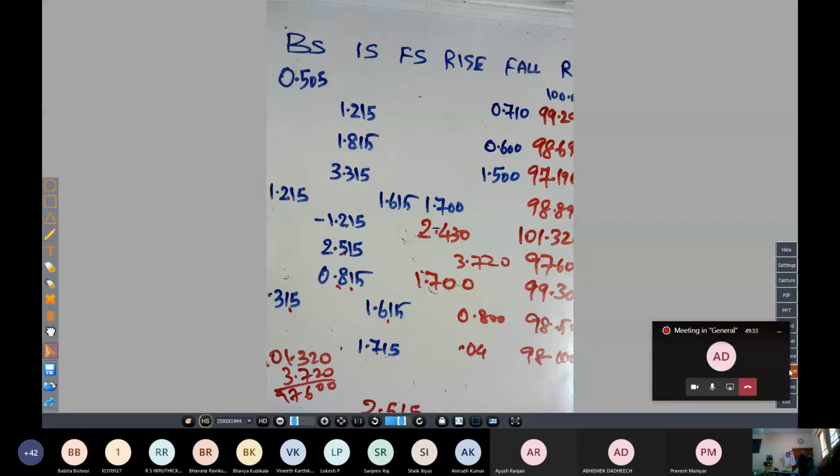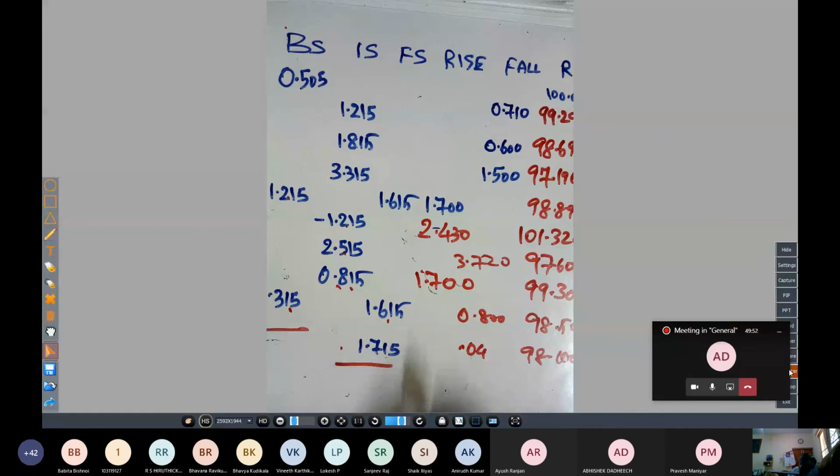What is the first problem? How much is the last RL? Do you remember? Okay. Now what I do is sigma BS and sigma FS: add this one, add this one, add a rise, add a fall.